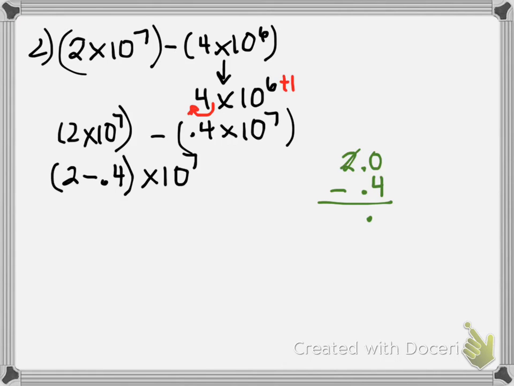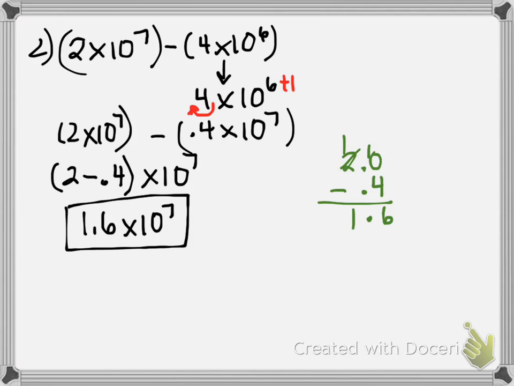Line up the decimal points. I have to rename, and I get 10 take away 4 is 6, and 1 take away nothing is 1. And I get 1.6 times 10 to the 7th. So my resulting decimal meets the criteria for scientific notation, so there's no adjusting that needs to go on. All right, let's do one more.